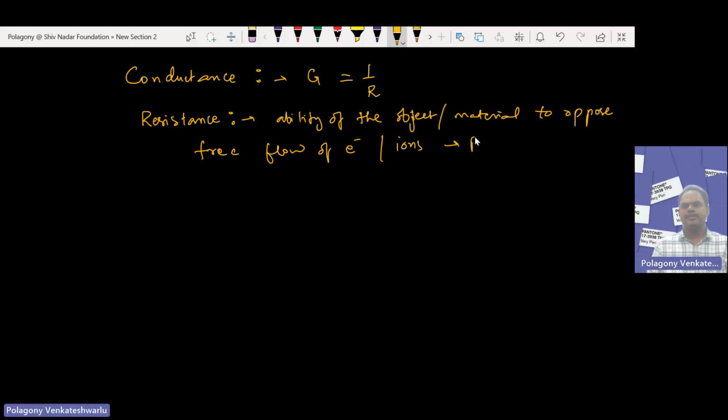Its symbol is capital R, and it is measured in ohms.